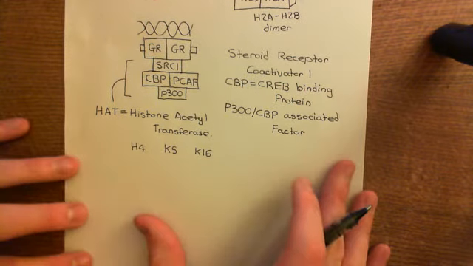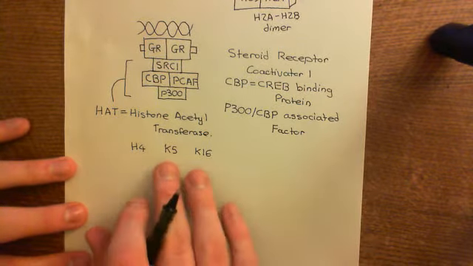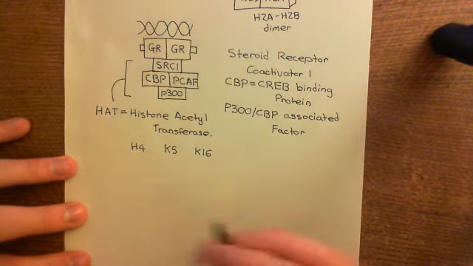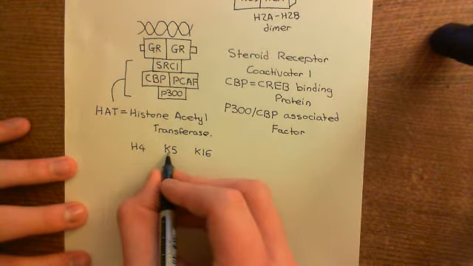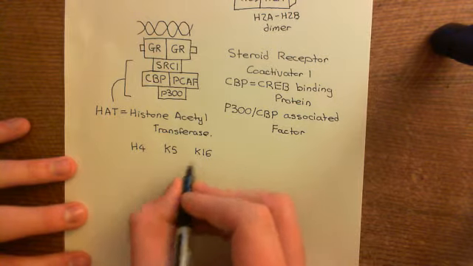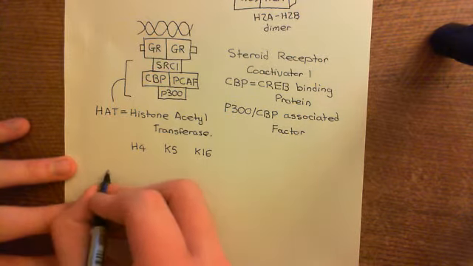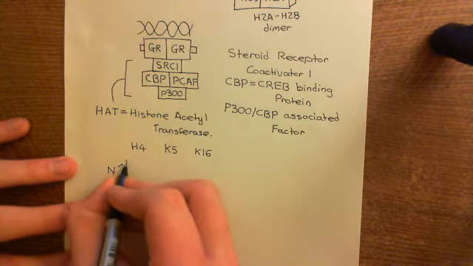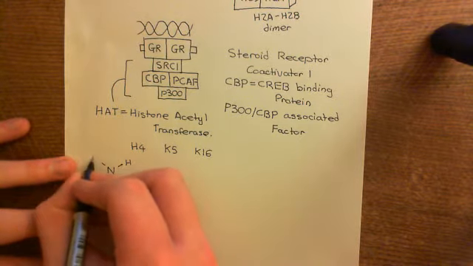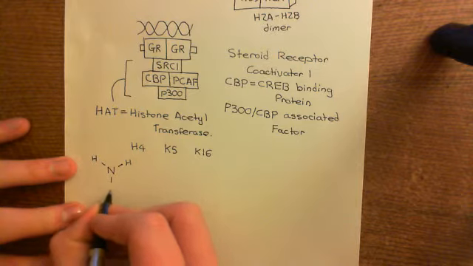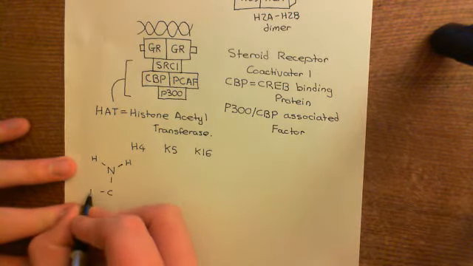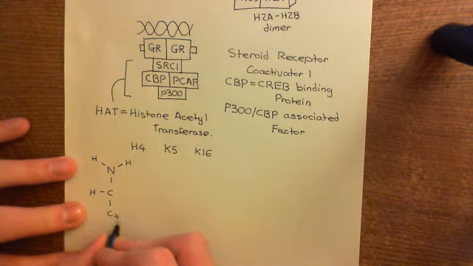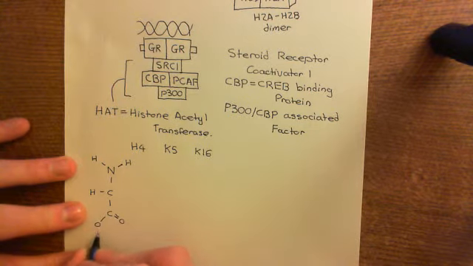Now let me just discuss the structure of lysine, and by the way, K is the single letter amino acid code for lysine, which is why I have put K5 and K16. Let's firstly start off with the core structure for the amino acid. Here's the amino group, here's the alpha carbon with a hydrogen coming off it, and down here is the carboxylic acid group.